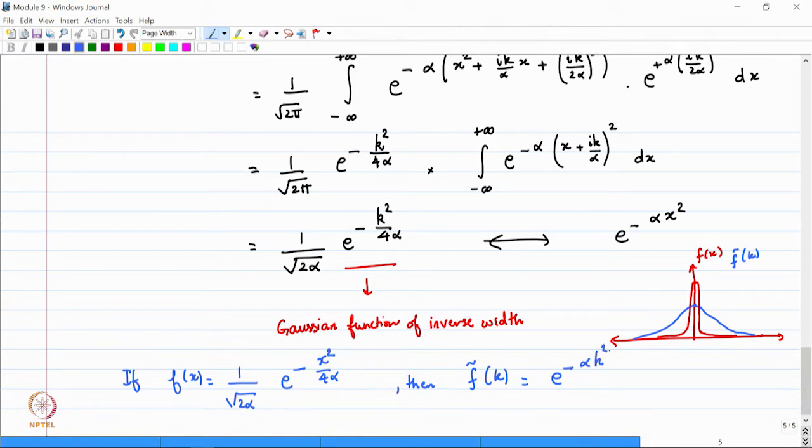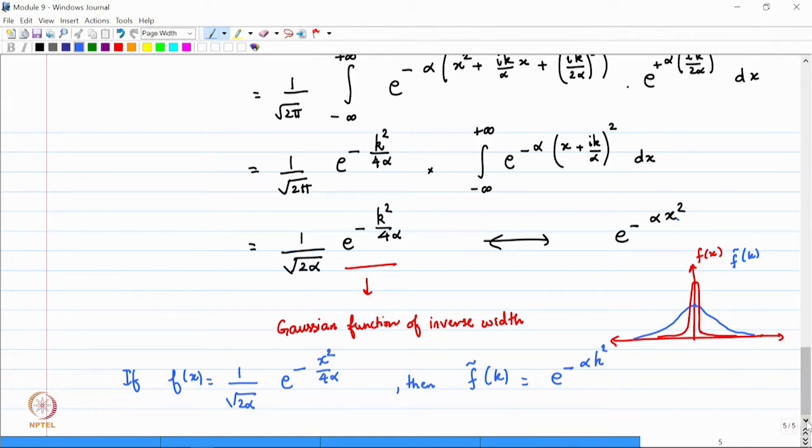Okay. So, this is what you mean by a Fourier transform pair. So, the Fourier transform of this function is given by this function. Now, if I had an x here, then the Fourier transform would be given by a k here. Okay. So, that is what you mean by Fourier transform pairs.